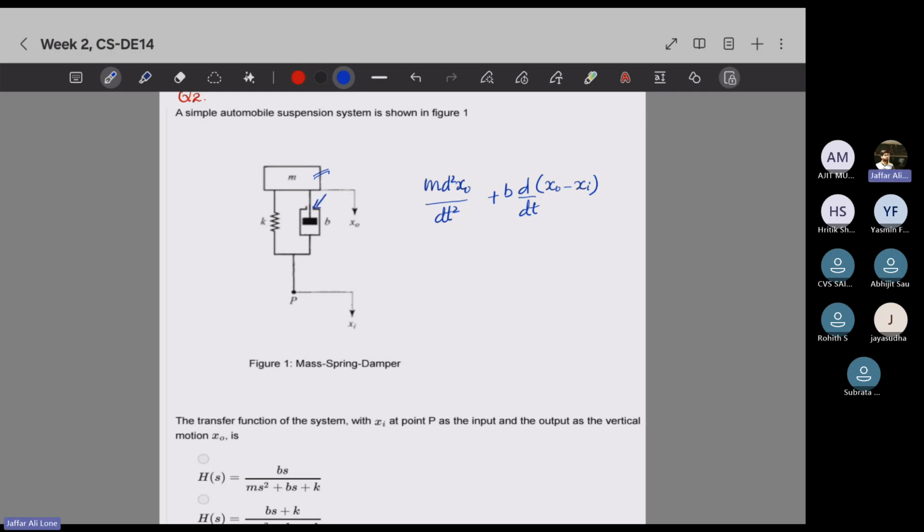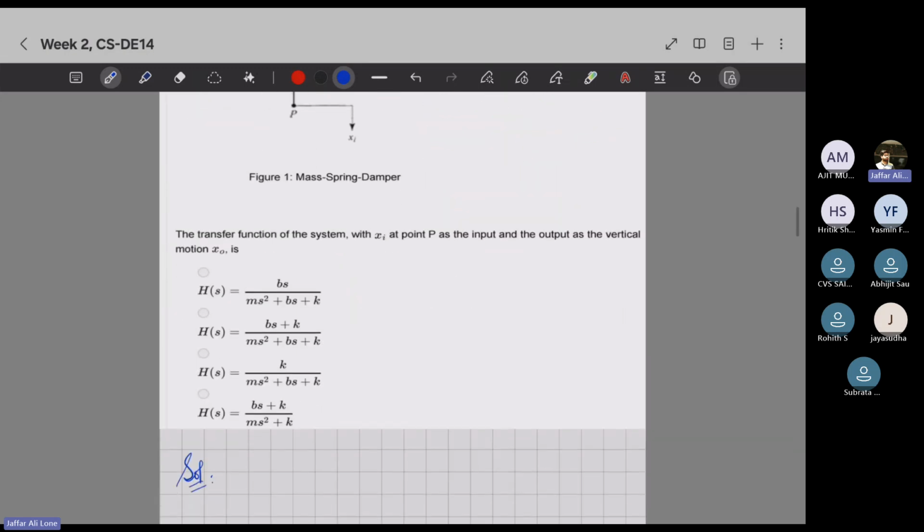Then you also have the spring, k into x naught minus x i, and due to Newton's second law, this will be equal to 0.